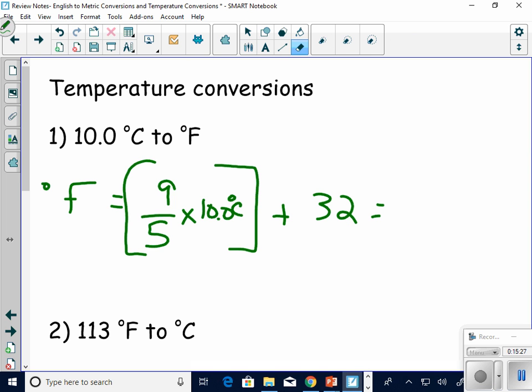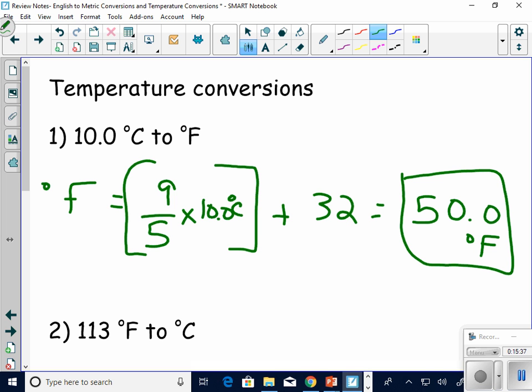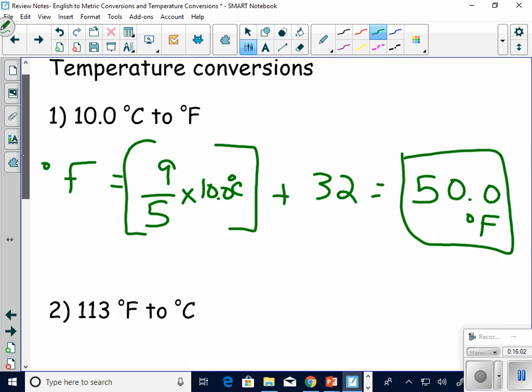So what I'm going to do to get that 3 sig figs, I'm going to make that into 50.0 degrees Fahrenheit because I needed to have 3 significant figures. So I had to put in the zeros in order to get 3 sig figs. Questions on that one? All right, let's move to the next one here.